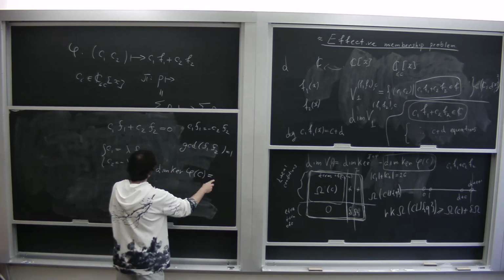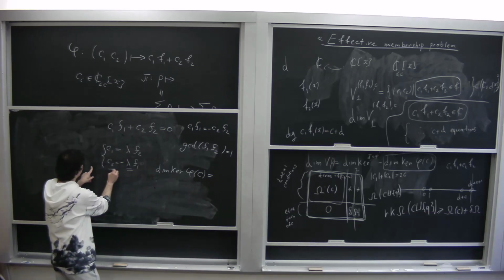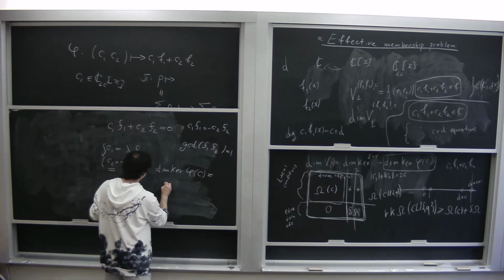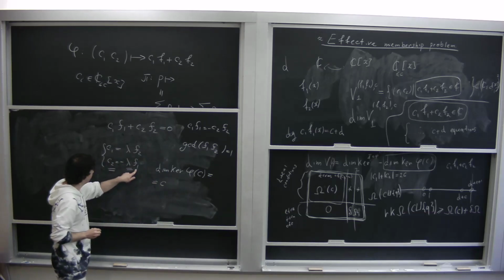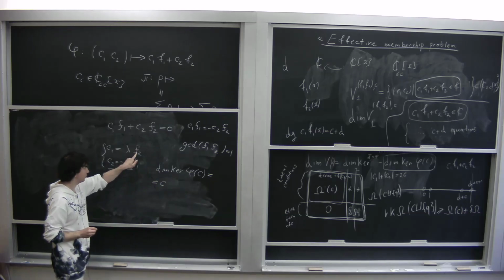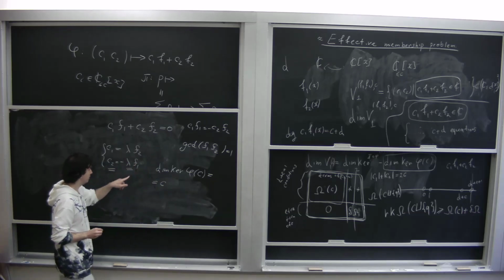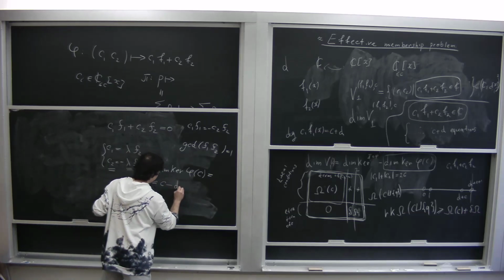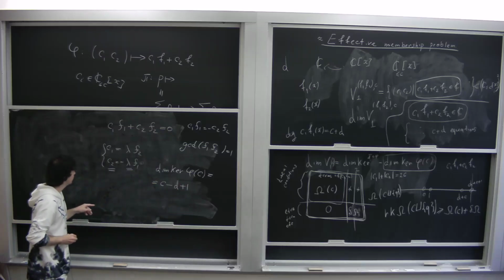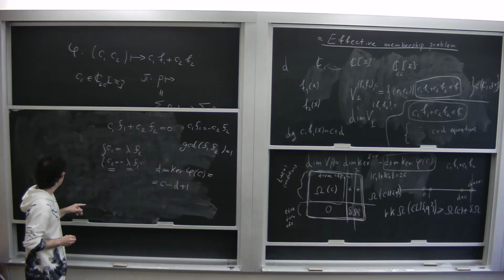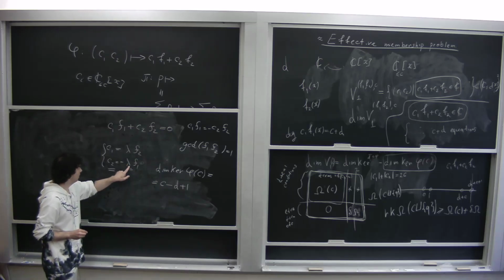So it's going to be like C2 is this degree C, F1, just like F2, they have degree D minus D, and plus 1. Yes, I think so.